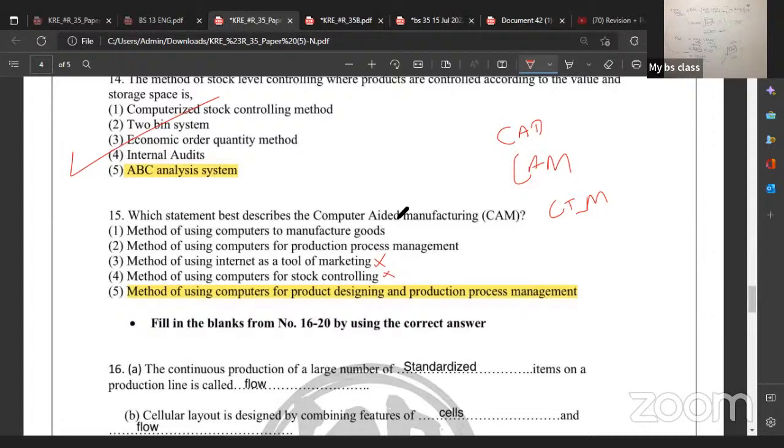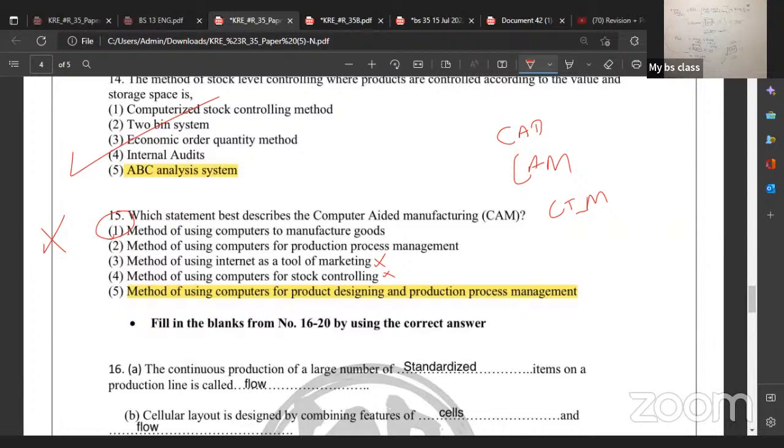So you guys go with number 1, right? Use of computers for the manufacturing process. Is that clear? So that is the CAM. Production process management.